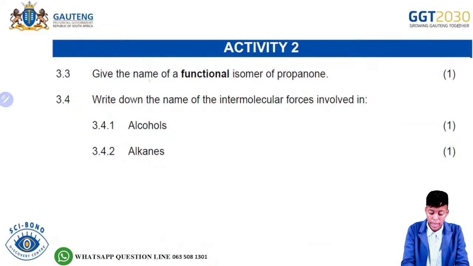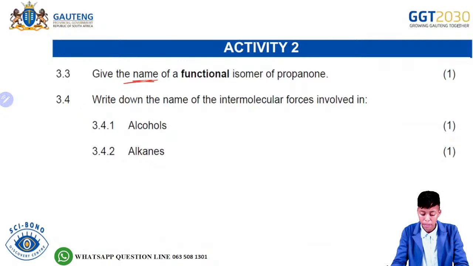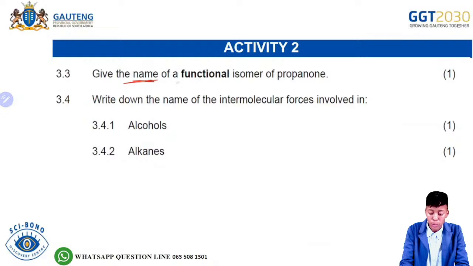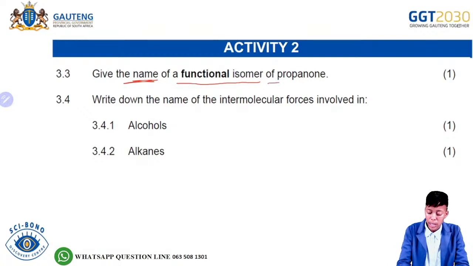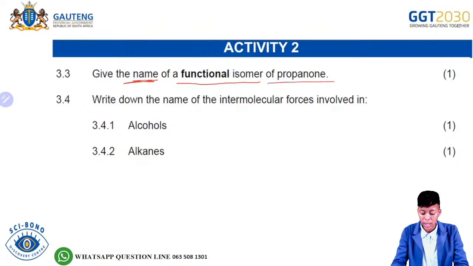The first thing here, it says you must give the name. But that name must be of a functional isomer, and that functional isomer is of propanone.